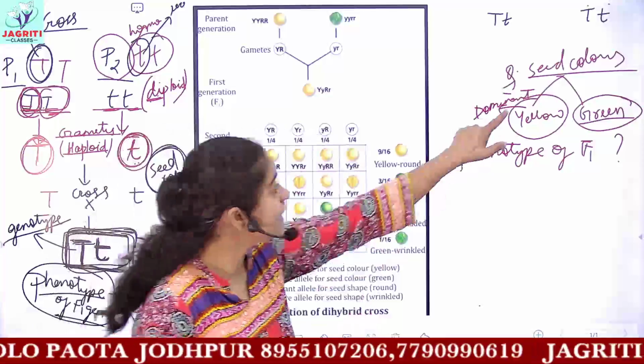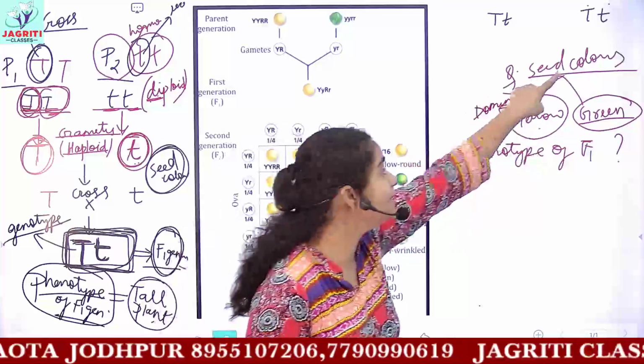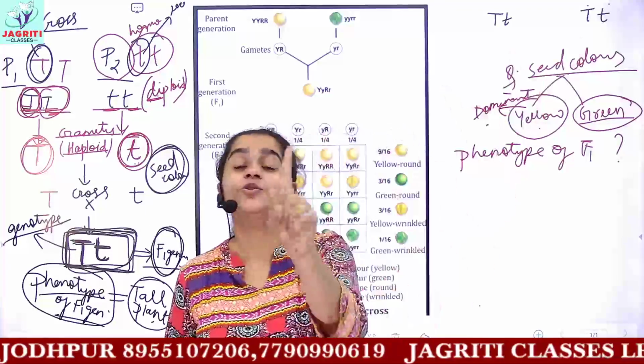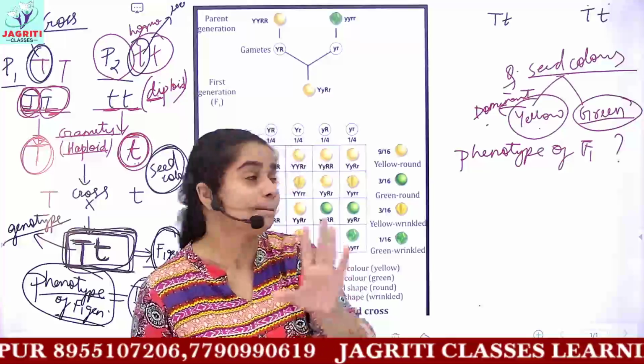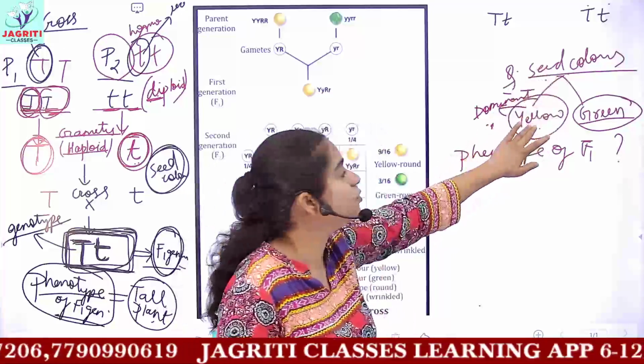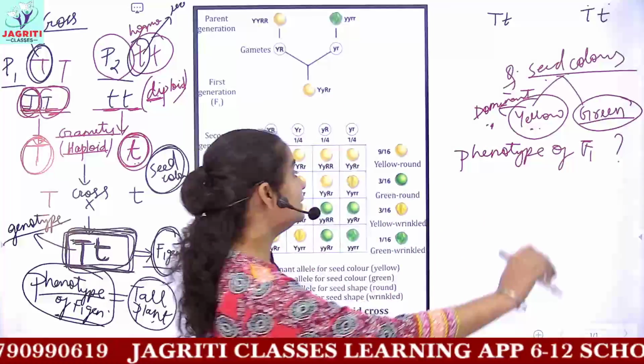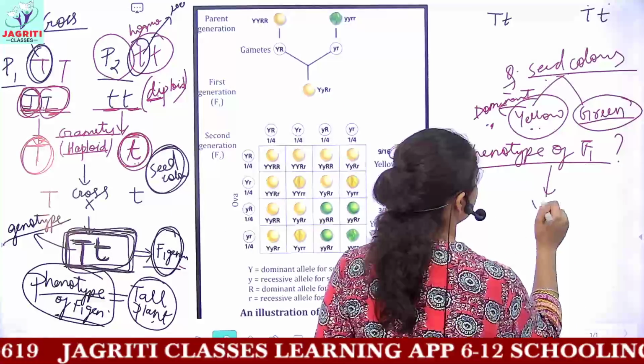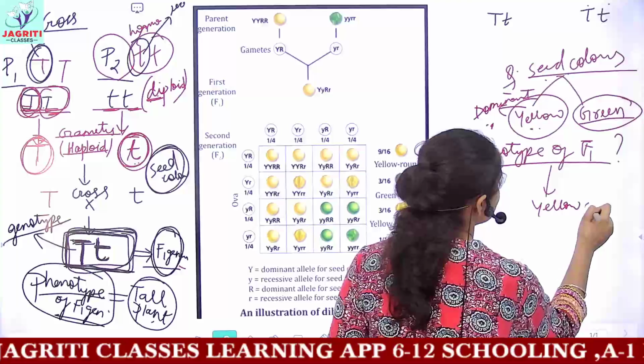Because yellow color is a dominant trait in seed color, talking about pea plants particularly. According to the table, for seed color you have yellow as dominant. Then the phenotype of the F1 generation would be yellow colored seeds.